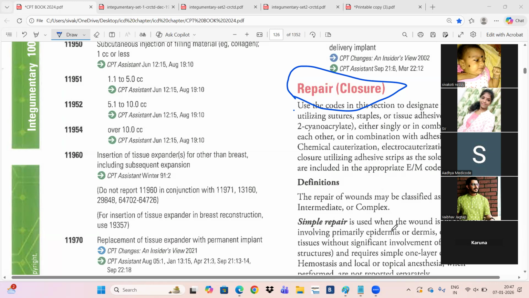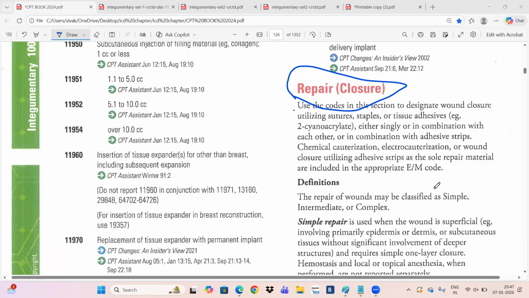Based on the type of repair, we have code. Some suture materials are not codable; some suture materials are only codable. Clear?